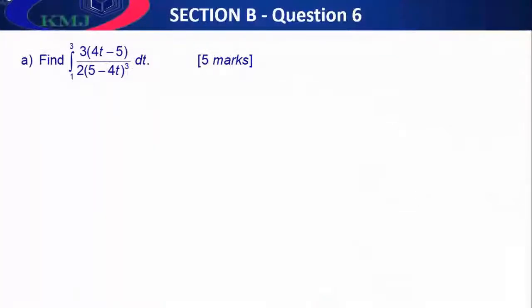Now we proceed to question 6a. Integrate from 1 to 3 of (4t minus 5) over (2(5 minus 4t) cubed) dt. What we have to do here is simplify the function on top. So we bring the negative to the outside. We get the integral from 1 to 3 of negative 3(5 minus 4t) over 2(5 minus 4t) cubed.